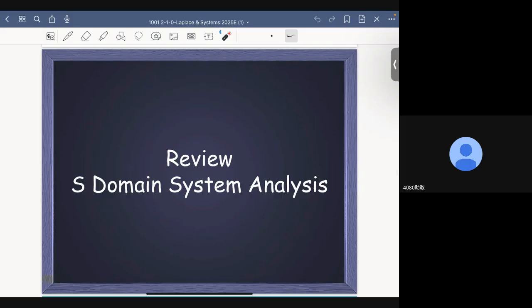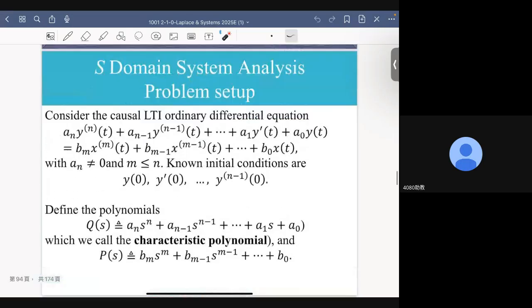Now, let's review what we have done in the time domain for system analysis. Here in this course, the systems being considered are these nth-order so-called causal linear time-invariant systems. LTI stands for linear time invariant.